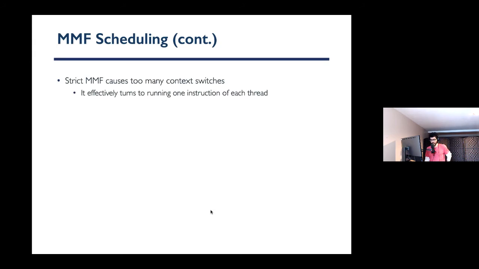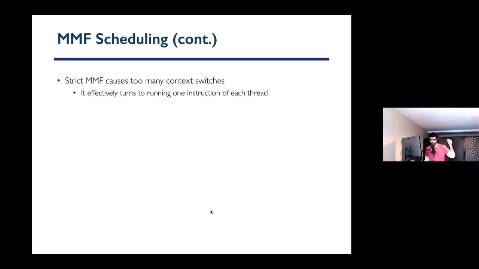Now, depending on the length of the time quantum, this could have the same pitfalls and shortcomings that round robin has, and specifically it might do a lot of context switching, right? Because if you want to really implement exactly max-min fairness, you have to schedule one instruction of one thread, and then after one instruction, everybody else now has less time.